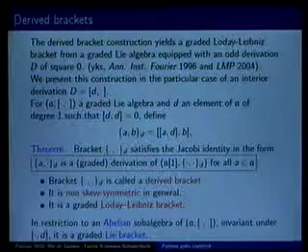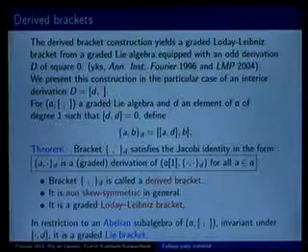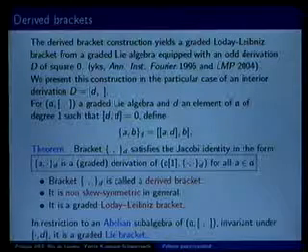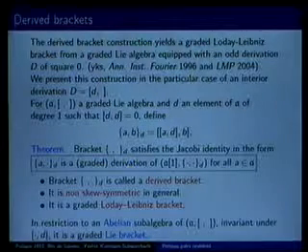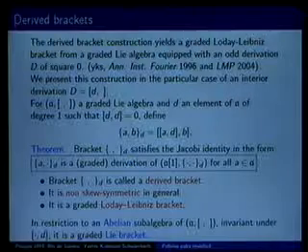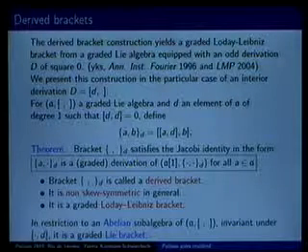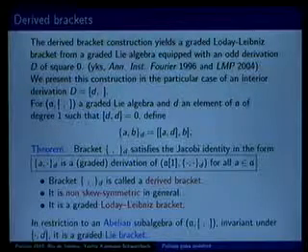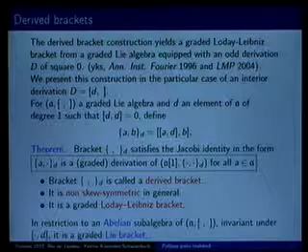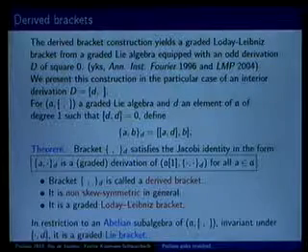This being said, I will also be introducing derived brackets. Well, the construction can be carried out on any graded Lie algebra equipped with a derivation of square 0. And that yields not a Lie algebra in general, but a Loday-Leibniz algebra.